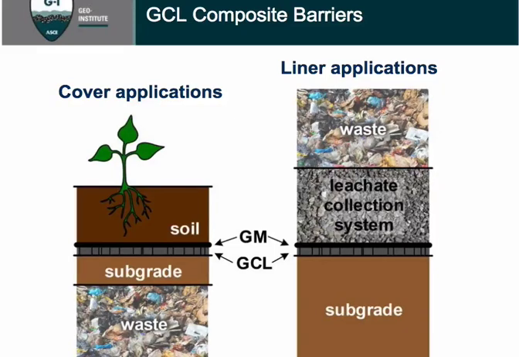Under the GCL in both these cases, I have a subgrade. This subgrade is critical because, when I have a geomembrane overlying the GCL, it is where the GCL will get its water. It's also where the GCL may get calcium or other divalent cations as it hydrates.